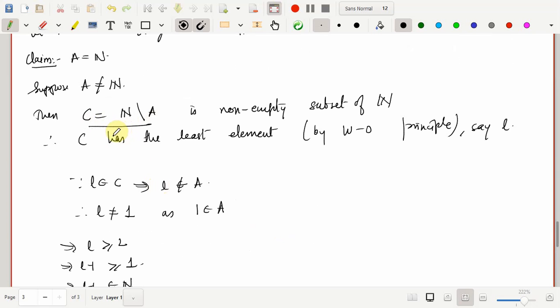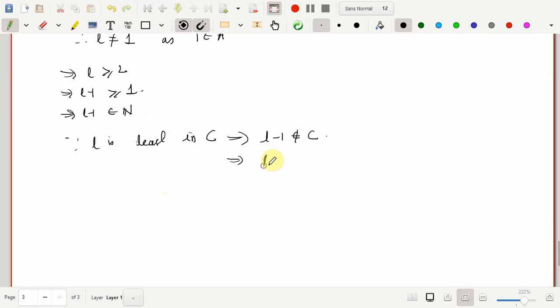So L minus 1 is in A, which is like k is in A. If k is in A, by the second hypothesis of the induction principle, k plus 1 is also in A. This implies that L belongs to A. Isn't it a contradiction?